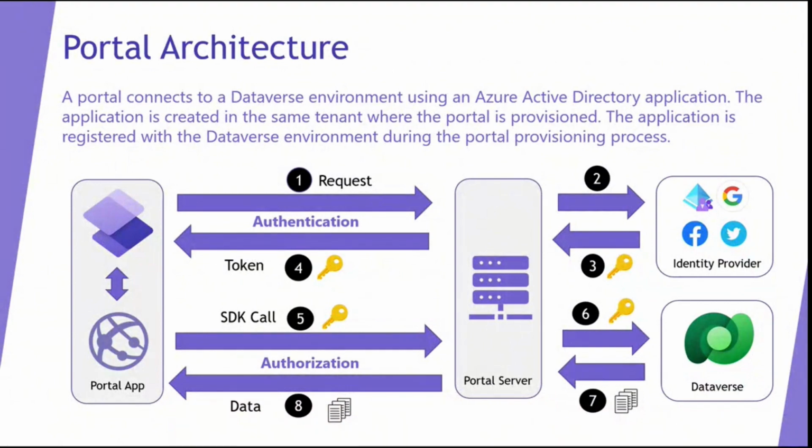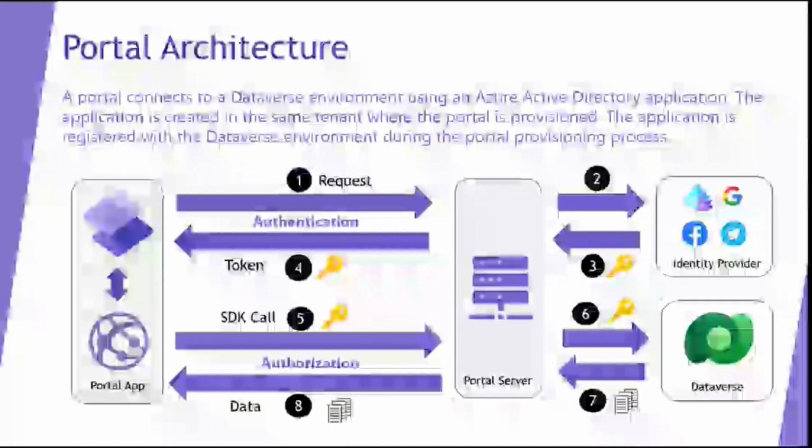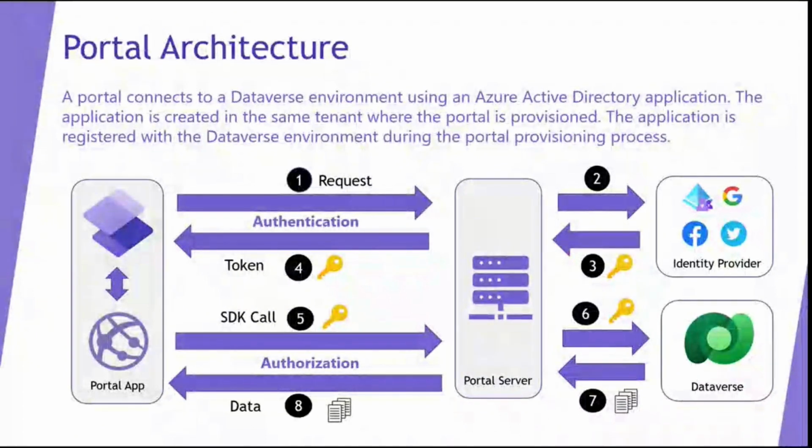So if you have a requirement to block the access of the portal to a specific group of users, despite them having the license of the portal or the admin access of the portal, but you want to restrict them based on the location, certain users, or IP addresses, then you can manage that using the web app that got created when you install the portal, because we have the feature called conditional access policies, right?